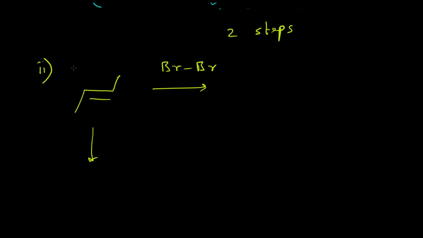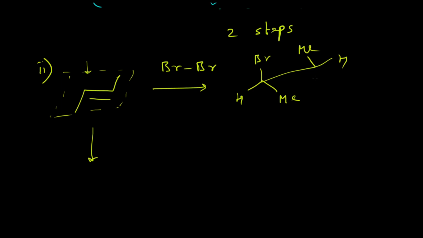That means one bromine will make a bond from the top face of this molecular plane, and the other bromine will come from the bottom face of this molecular plane. So this will generate this compound as our product.